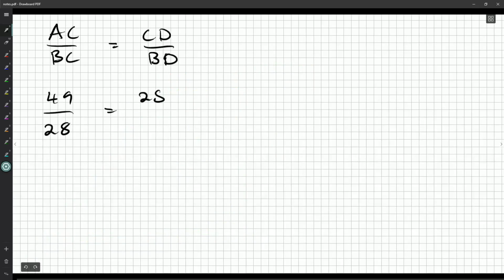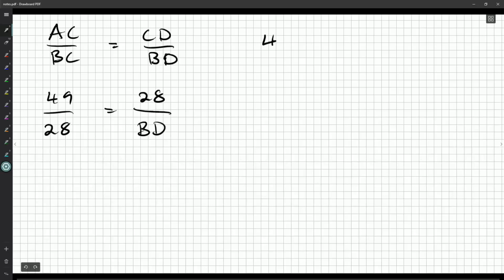So AC over BC is the same as CD over BD. Well, that's 49 over 28, we said, and then 28 over BD. But if I figure out BD, then half of that is BG, and I need that. So we've got it. We're on the right track here.